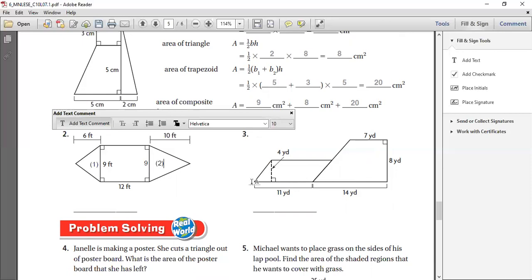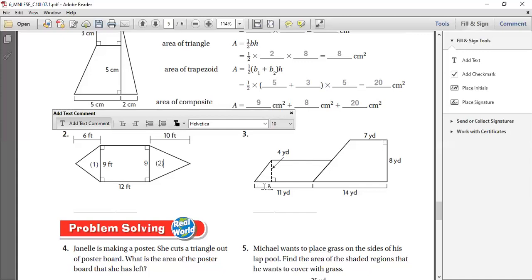For this, because it is a parallelogram, as I explained before, we will be using the same formula as for the trapezoid. So we have the height as 4, base 1 is going to be 11. If you look at the shape, it's called a rhombus, a parallelogram, so these two sides will be equal.